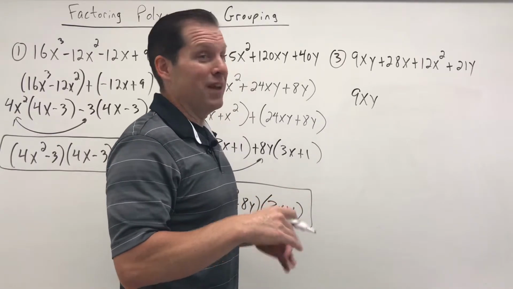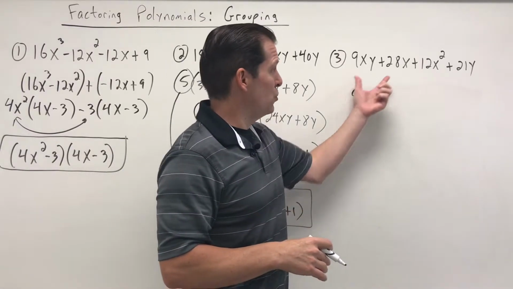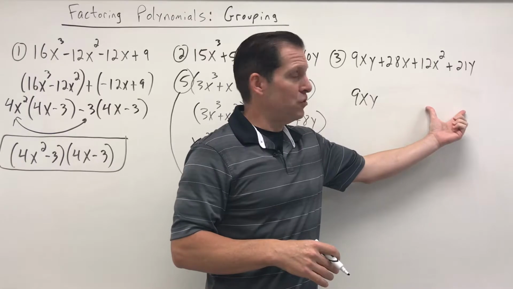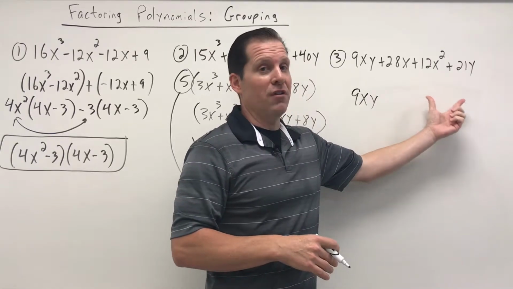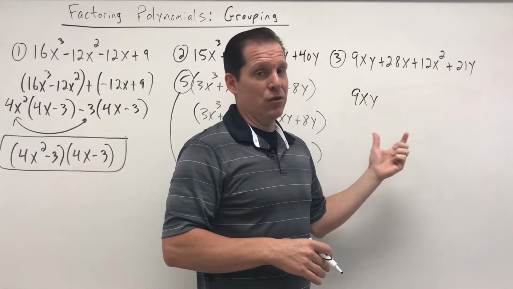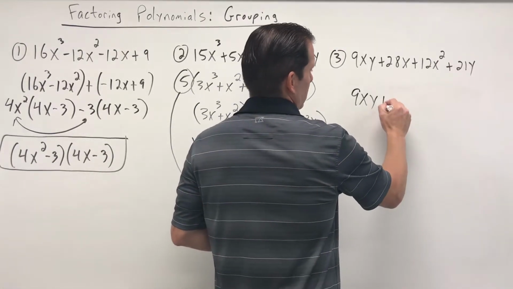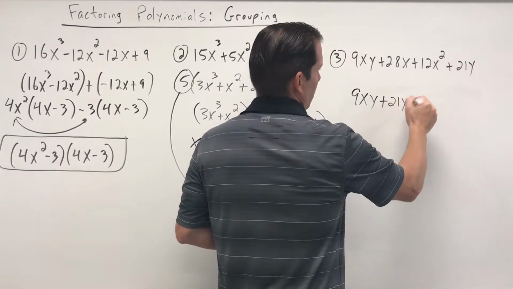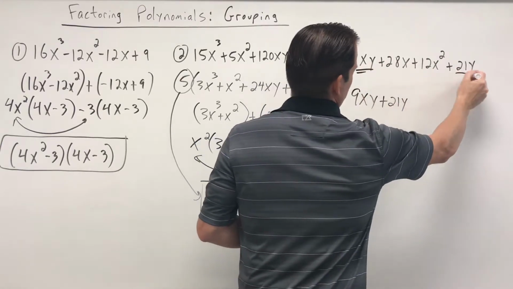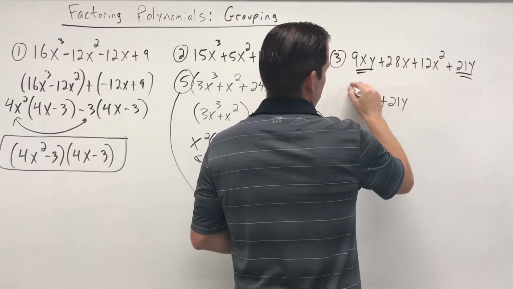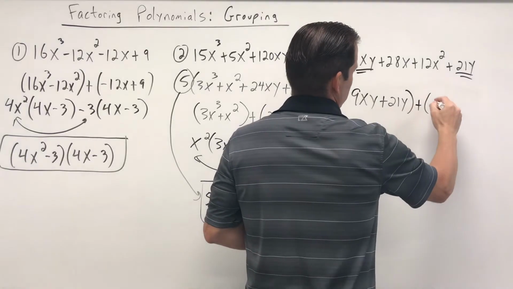So you just want to find a way that's going to work. In other words, which 2 terms can you put together here? Which 2 terms can you put together here so you can eventually take out a common factor and get those parentheses to be the same? So I'm going to rearrange these right here. I'm going to take this term, put it with this one, and then I'm going to put these 2 together. So I'm going to separate this by a plus.